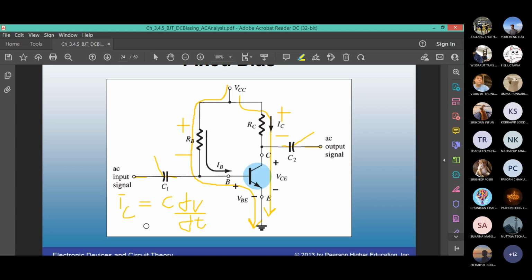Now, AC voltage varies with time. What about the DC voltage? Does it change with time?